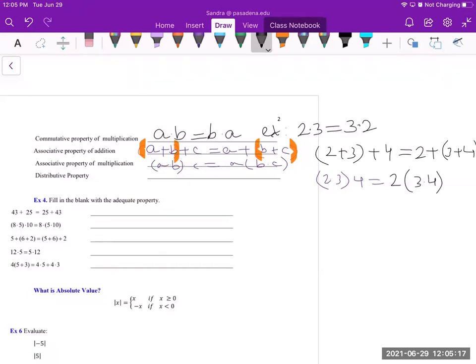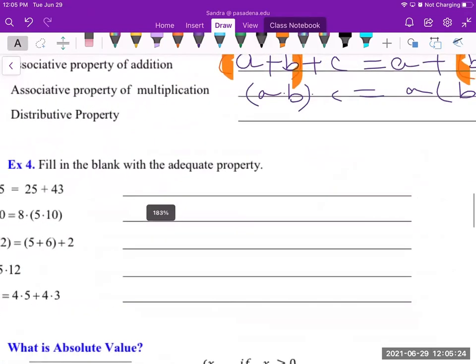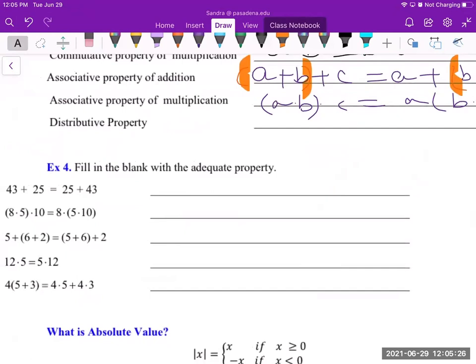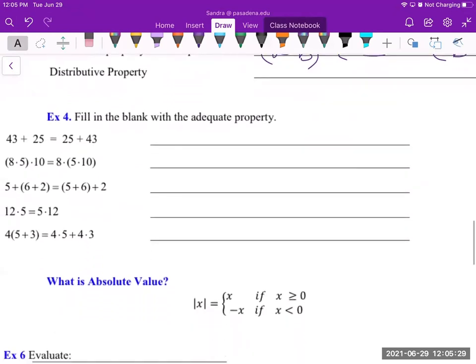Last, I need the distributive property. The distributive property says if I have a combination of addition and multiplication. So let me go ahead and write it down in a different color. So suppose I have A, and then I have a combination of B plus C. Well, what you're going to do if you have a combination, you are going to distribute.